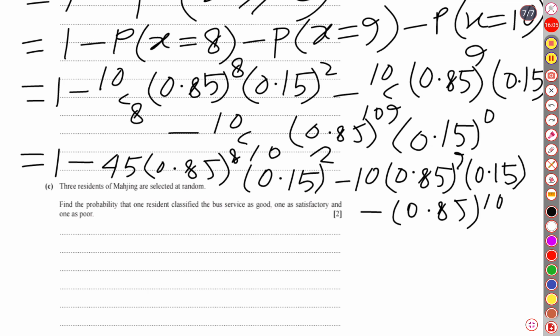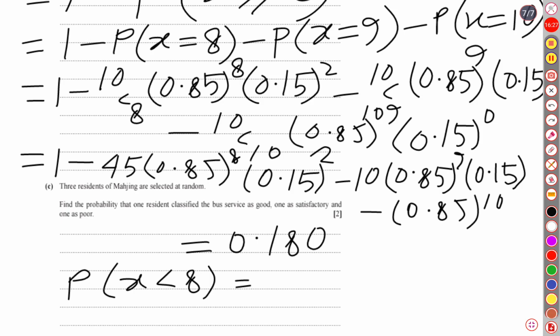After calculating all of this, using my calculator, I get 0.180. Hence, probability of x less than 8 is equal to 0.180. That's all about this solution.